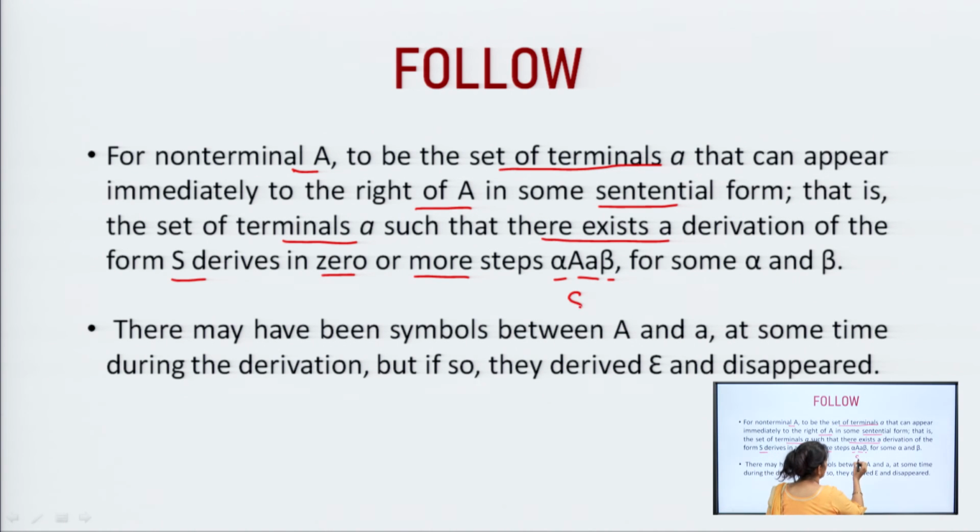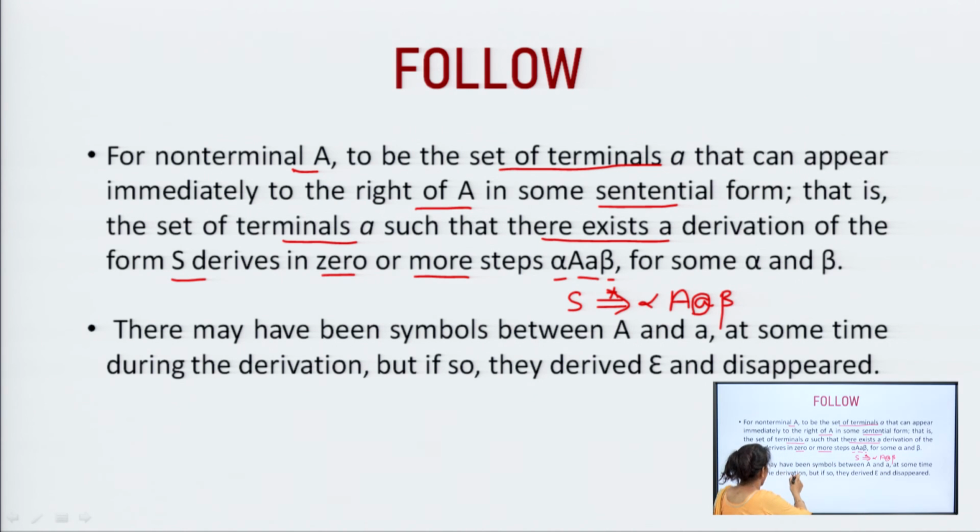So from capital S we are deriving in 0 or more steps alpha A beta, and we obtain this sentential form. So follow of capital A is the terminal that we get just after a particular non-terminal in some sentential form. Here follow of capital A is small a.